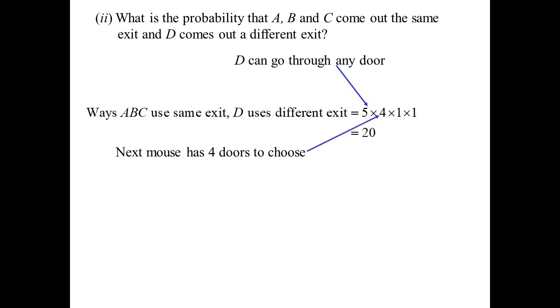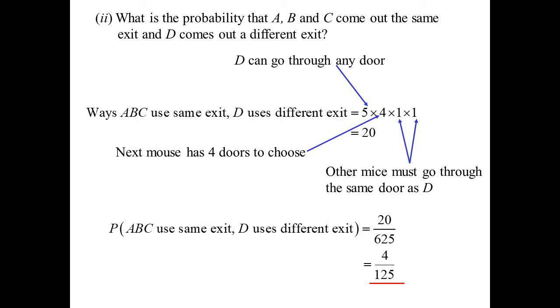The next mouse is going to leave, but we don't want it to go through the same door as D, so they only have 4 doors. But now the other 2 have to go through the same door as that last mouse, and so they both have 1 way of leaving this maze. So there's 20 all up. Thus, the probability, 20 out of 625, which is 4 out of 125.